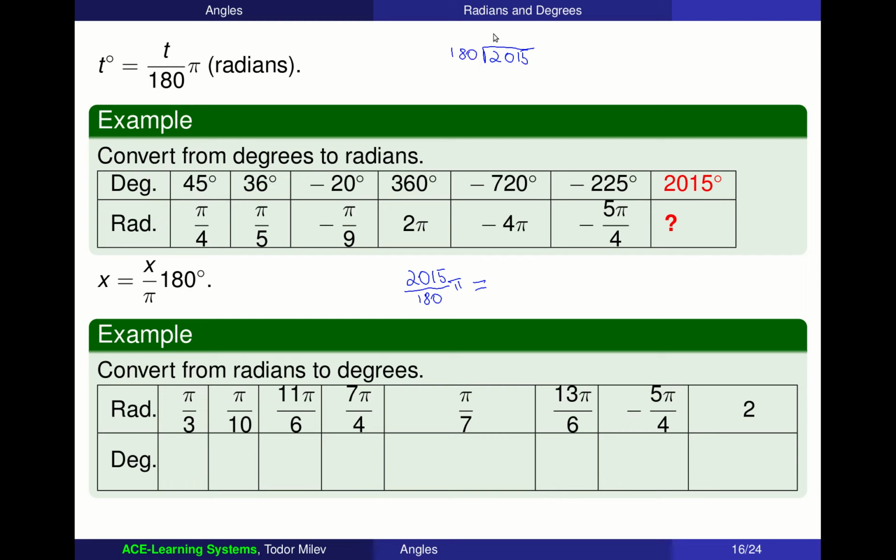What do I get? First I'm having 180 here, subtract, I'm getting 215 divided by 180, that is 1, minus 180, and I'm left with 35 degrees if I'm not mistaken.